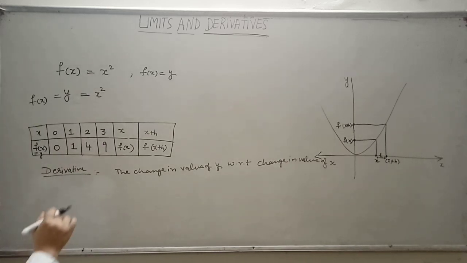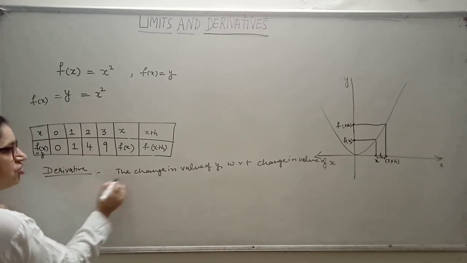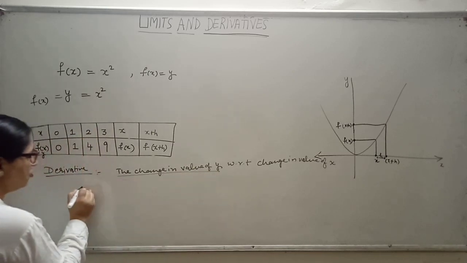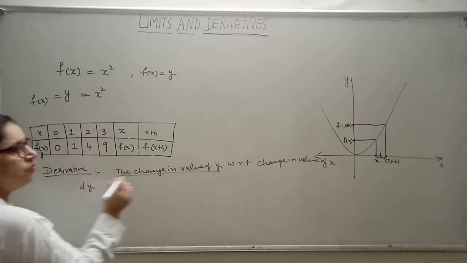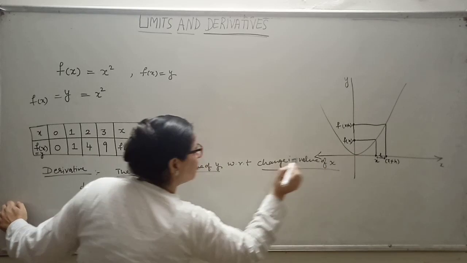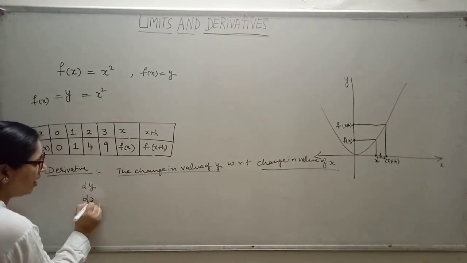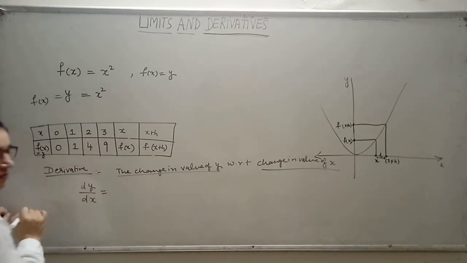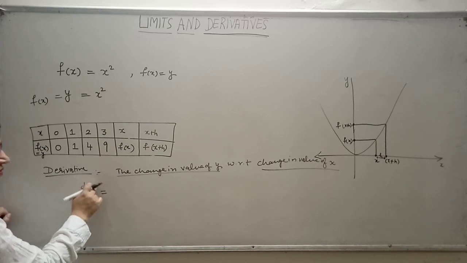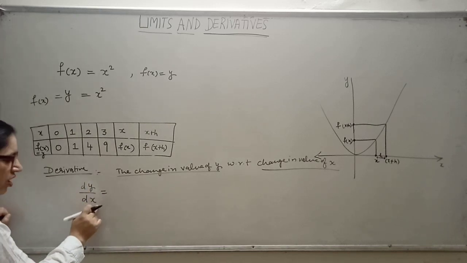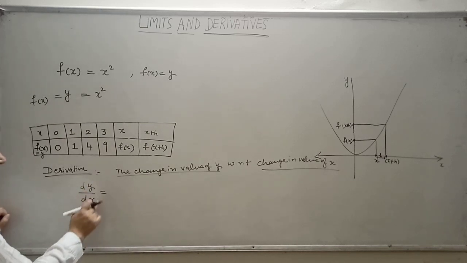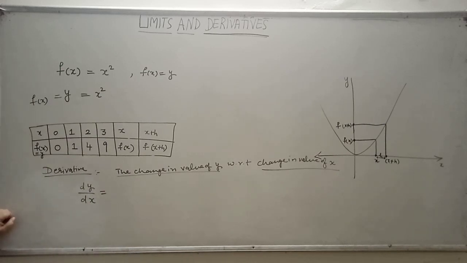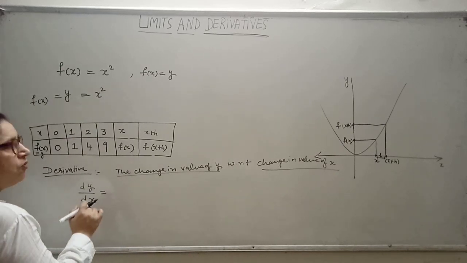So now it is represented: change in y with respect to the change in the value of x, dy by dx. Change in y with respect to change in x is represented by dy by dx. So now what is the change?